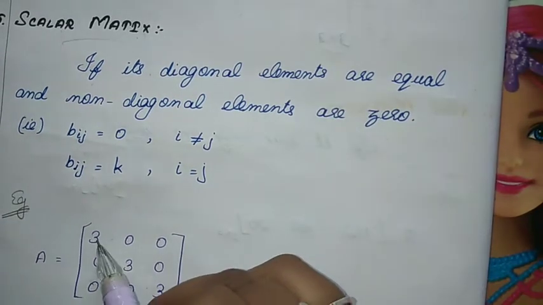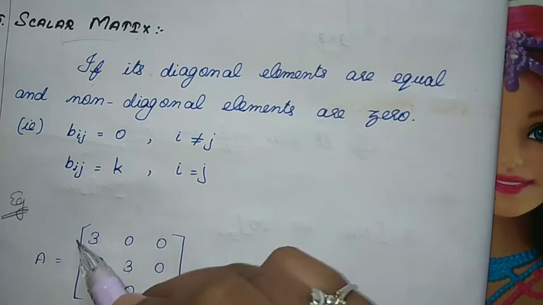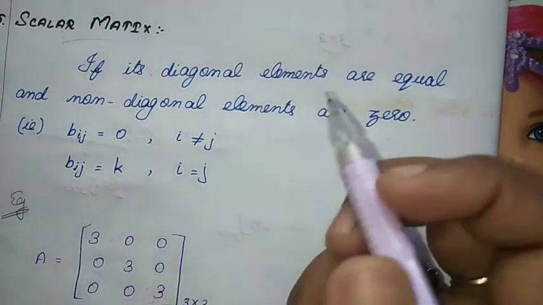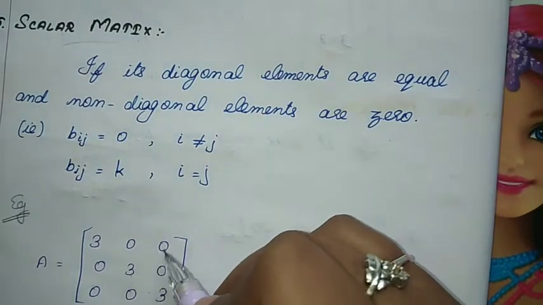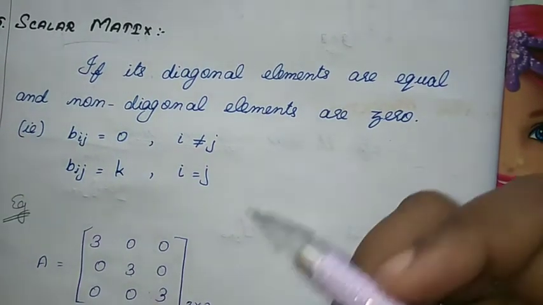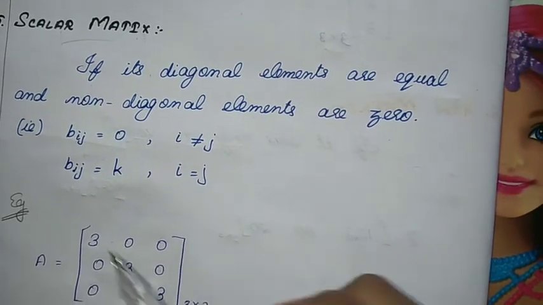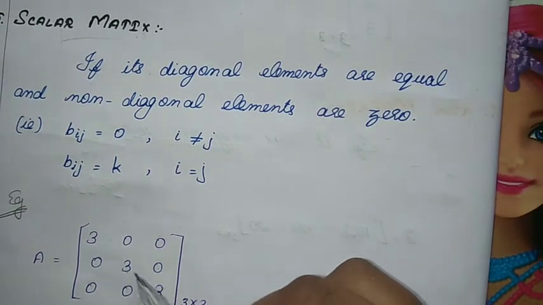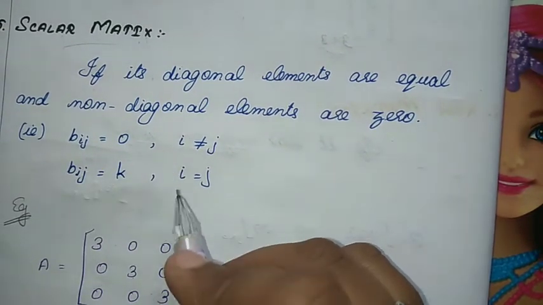When we take 3 3 3, when every number in the diagonal is the same, and the other entries are 0, then it is called a scalar matrix. It can be either negative or positive, but it should be the same number. Everything should be equal.